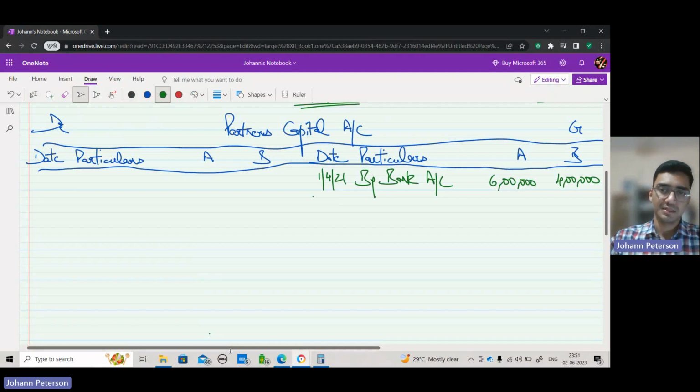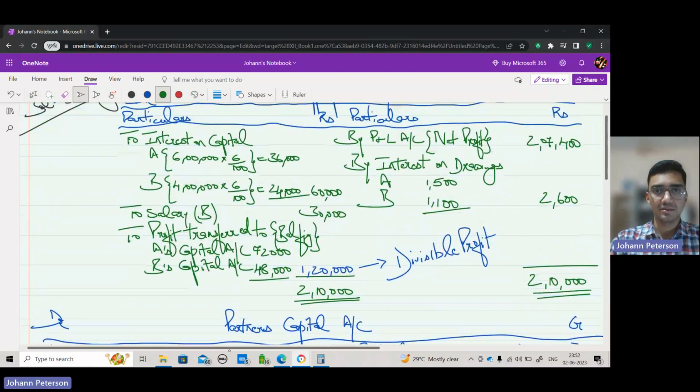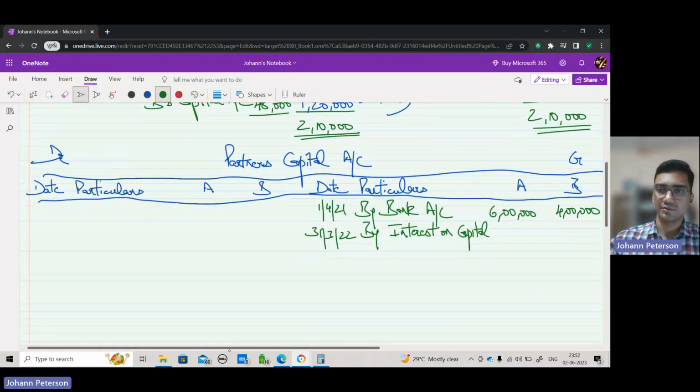It will be on the last day of the year, so 31st of March 22 by interest on capital. We have just solved it. How much is the interest given? For A it is 36,000 and for B it is 24,000. So 36 and 24 we can write it.